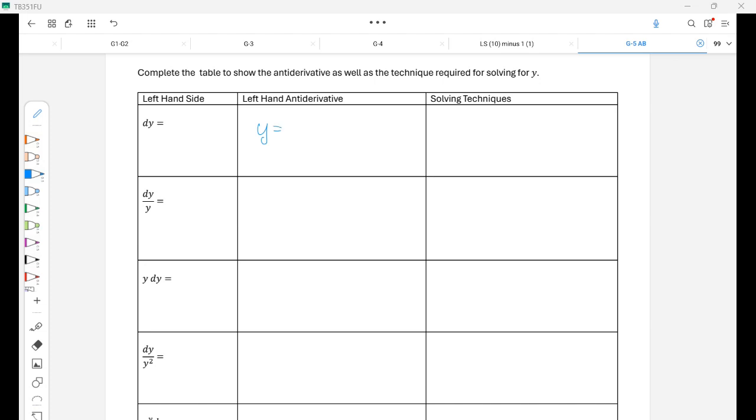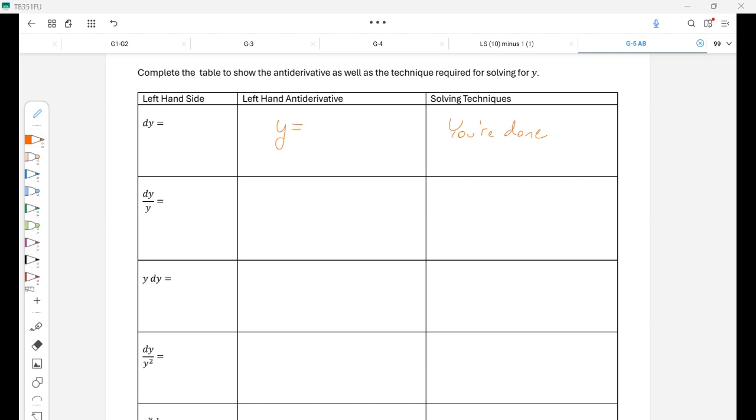So if you're ever in a situation like that, life is easy, because you just get y equals, and there's no solving technique. You're just done. This would be a situation that we could have handled back when we first learned integrals, because you would just be doing things in terms of x on the other side.